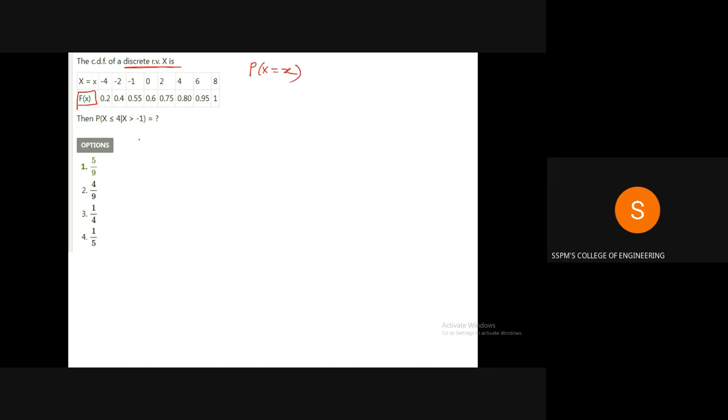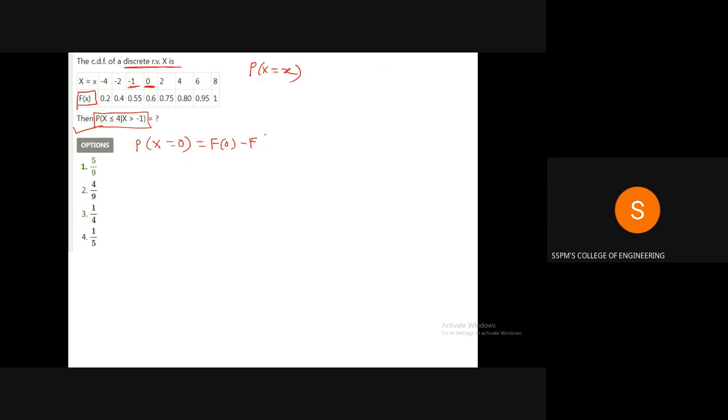So how can we calculate that? Probability of x is equal to 0 is equal to what? We will just calculate those probabilities which we need to solve this. First is the probability of x is equal to 0. We are calculating the probability for this value, so we will use f of 0 minus f of minus 1, the previous term.